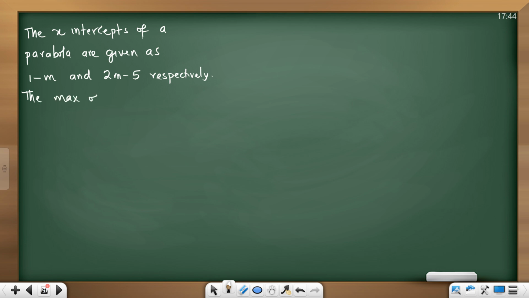The maximum of the graph occurs at 0 and 9.